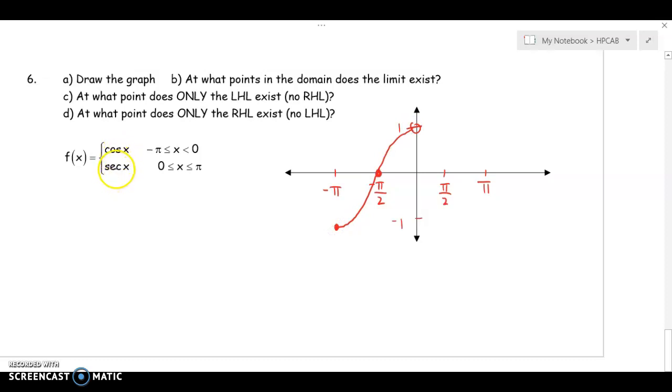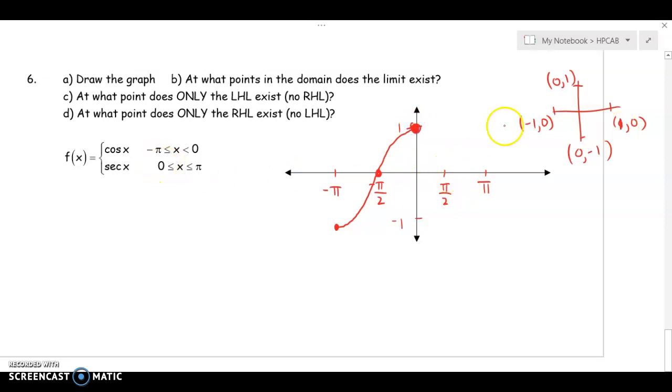Now secant graphs, we're going to go between 0 and pi. Secant, remember, is the reciprocal of cosine. If you need to, remember your unit circle a little bit, you're going to have these values. Secant is 1 over cosine. So at 0, 1 over 1 is just going to be 1, so we end up filling in this hole right here.